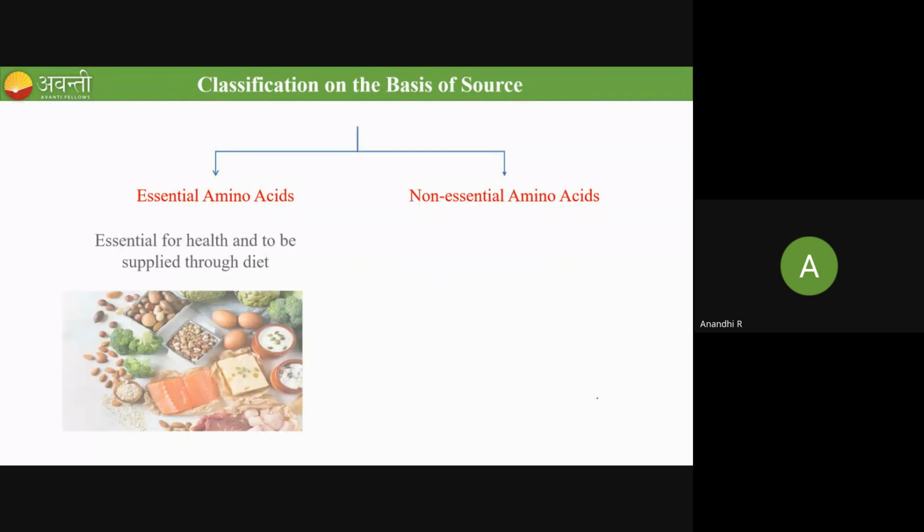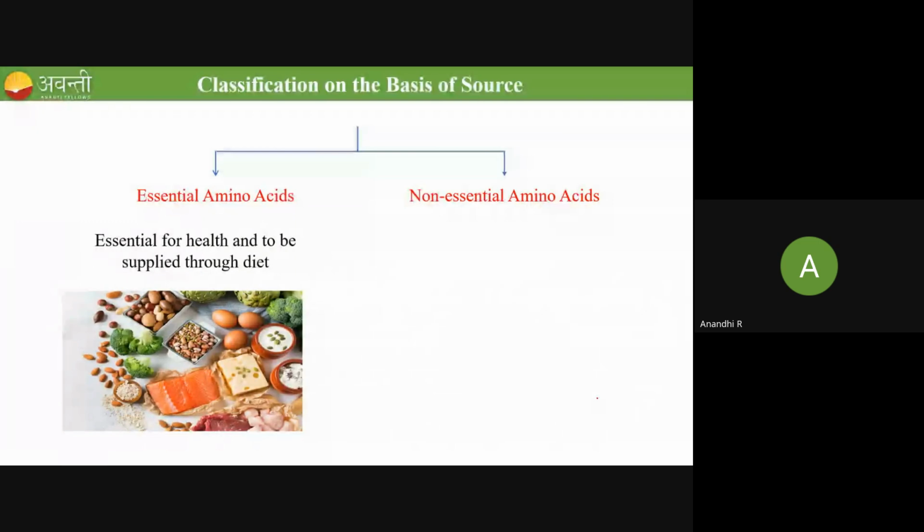So what is the second classification? The second classification is on the basis of source. On the basis of source, we can classify this into two again. One is essential amino acid, the other is non-essential amino acid. So what are essential amino acids? They are essential for health and must be supplied through diet.